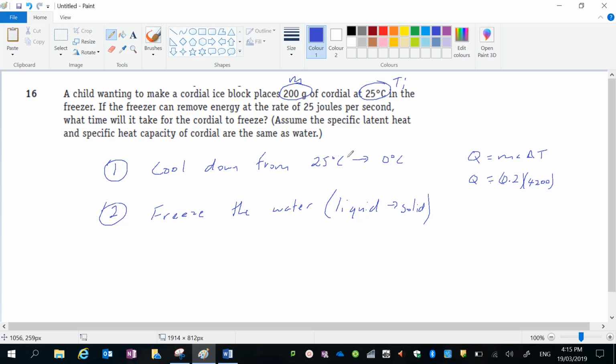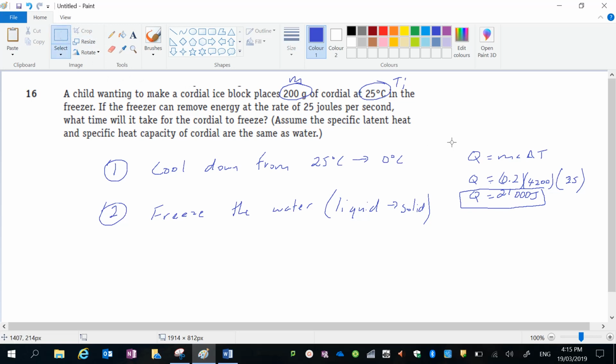It went from 25 degrees down to 0, so that changed by 25 degrees. So the energy is 0.2 times 4,200 times 25, so that's 21,000 joules. That's how much heat we had to get rid of to cool it down to 0 degrees.